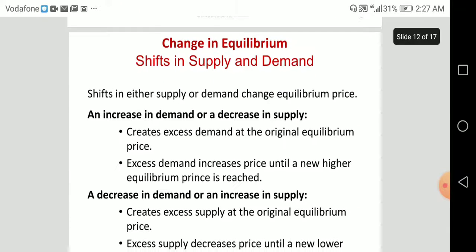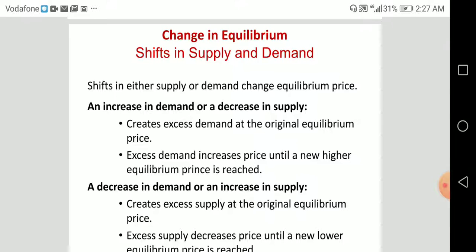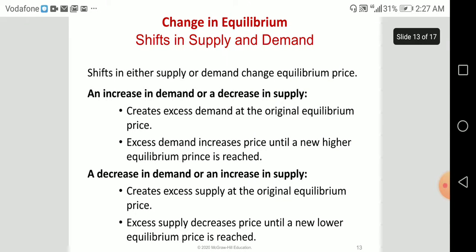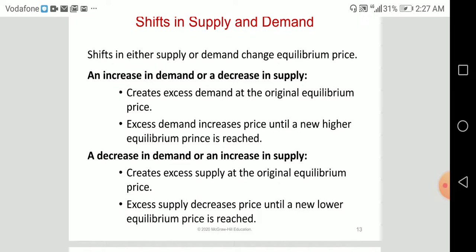Change in equilibrium: shifts in supply and demand. Shifts in either supply or demand change the equilibrium price. An increase in demand, or a decrease in supply, creates excess demand at the original equilibrium price.